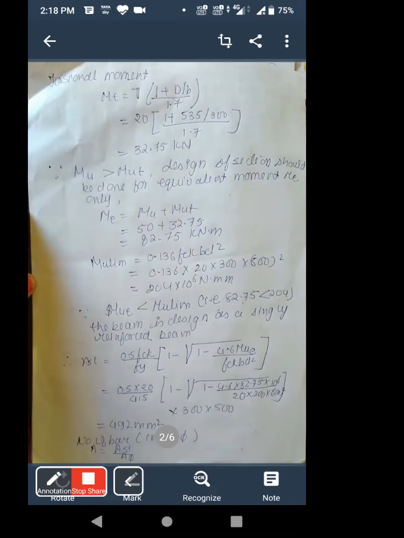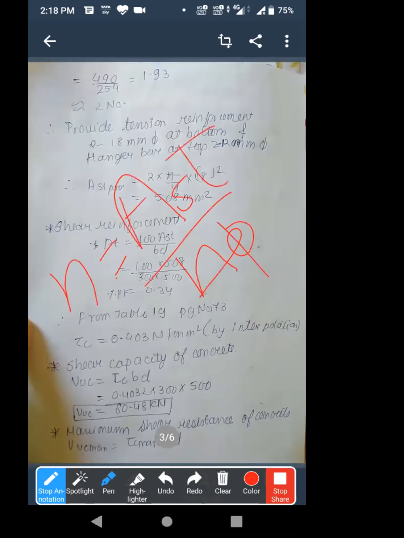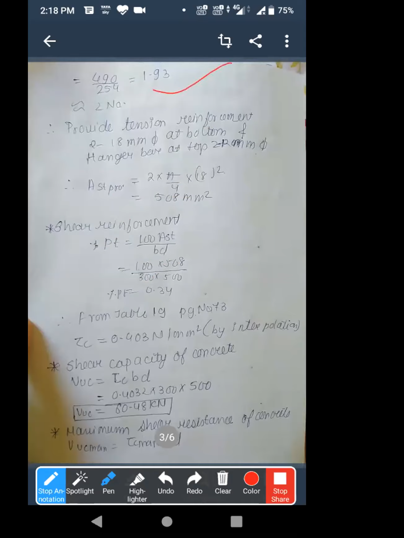The number of bars comes to 1.93, but approximately you go with two bars. Therefore, provide tension reinforcement: two 18 mm diameter bars at the bottom, and two hanger bars of 12 mm diameter at the top of the beam. Therefore, the Asc provided will be 2 into pi by 4 into 18 whole square, that is 508 mm square.